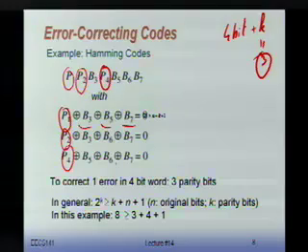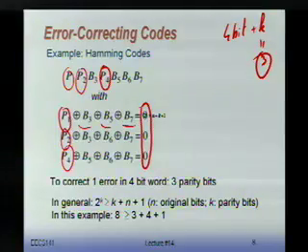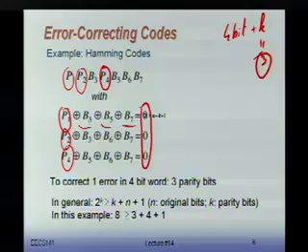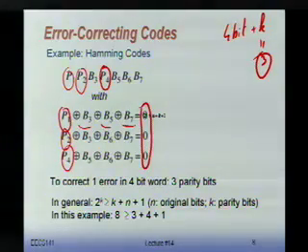If there's nothing wrong, if the word is correct, the checksum should be all 0. Okay? Now suppose that one of those bits goes wrong, let's say B5. Bit 5 has an error in it. It has flipped. B5 appears right here and right here.